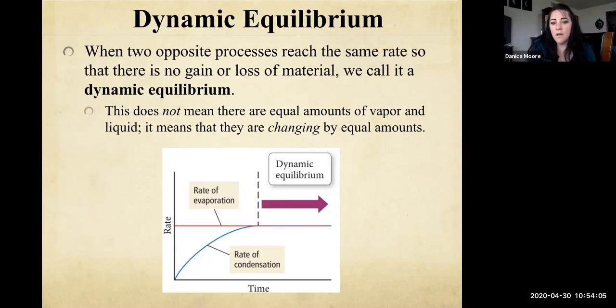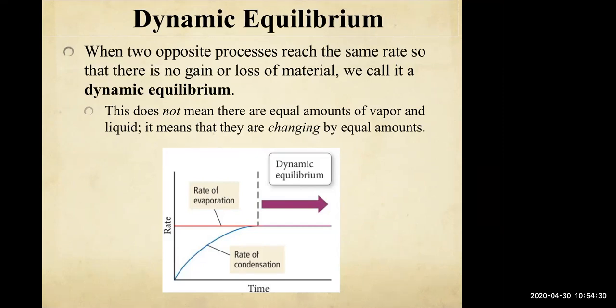So this concept of rates being equal without concentrations being equal is really important, okay? So what we're talking about is the rate of change, and the rate of change is essentially net zero when you reach this dynamic equilibrium. Does that make sense? Yeah. Cool.